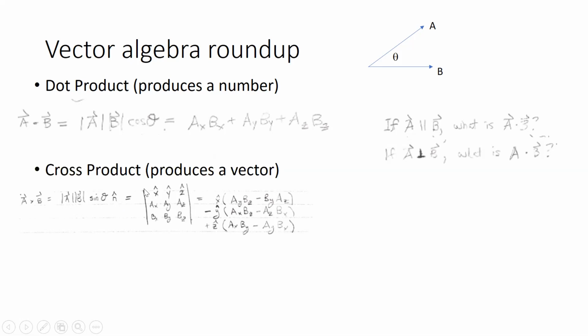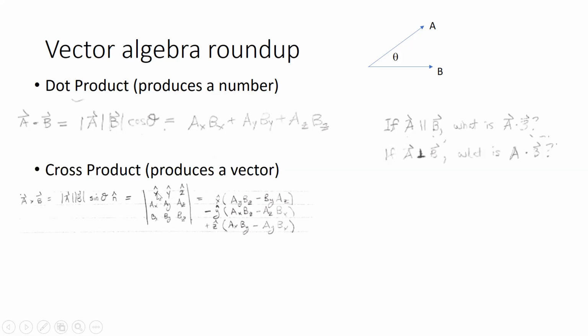Okay, so you probably have memory of this matrix here, or determinant. The way that we calculate the cross product is we set up a determinant where the unit vectors x, y, and z are in the top row, the components of A are in the middle row, and the components of B are in the lower row.